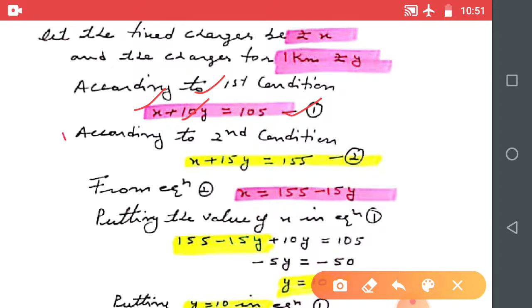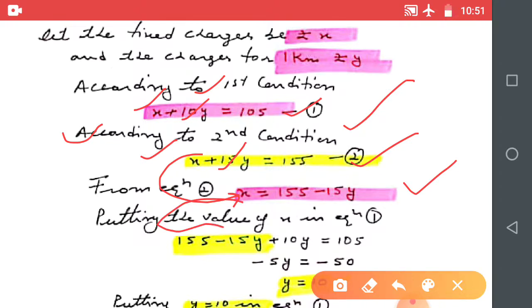Now according to the second condition, x plus 15y is equal to 155, because the distance covered is 15 kilometers. Now from equation 2, the value of x is 155 minus 15y. Put this value in equation number 1 here, right?